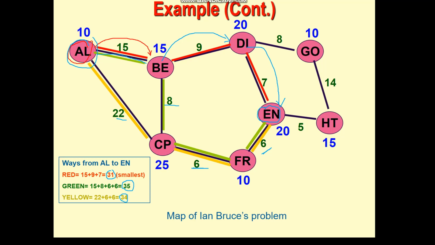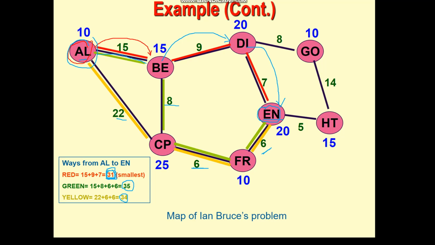So on and so forth, we will find all the ways that we can go from AL to EN. And we compare, then we can see if we follow the red way, the distance is the smallest, so 31. We don't care about other values, we just care about the smallest value.